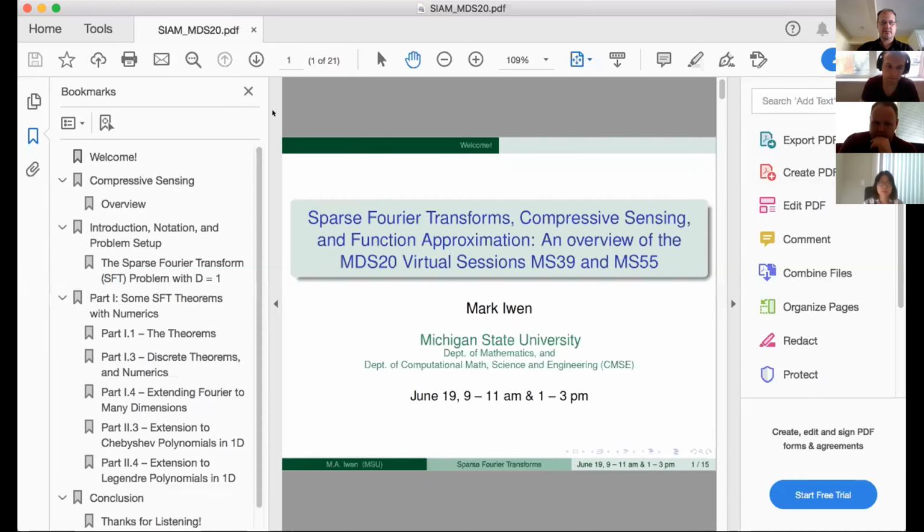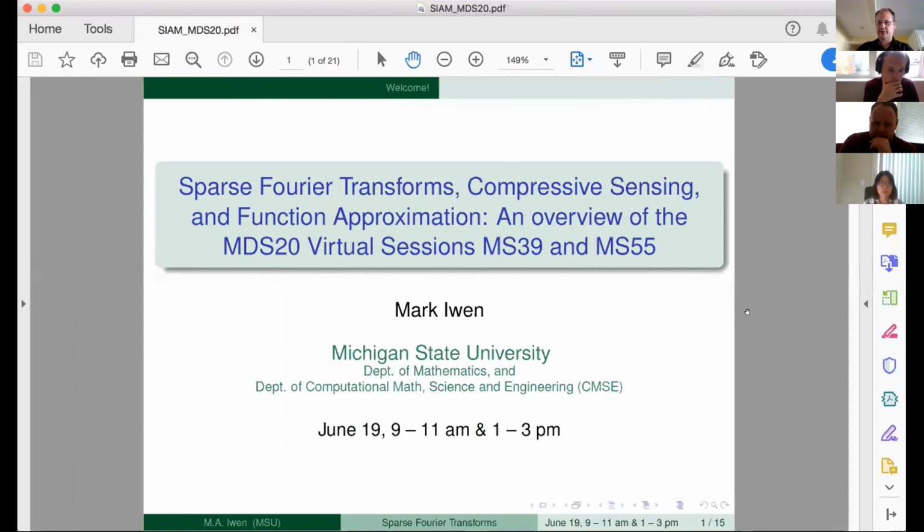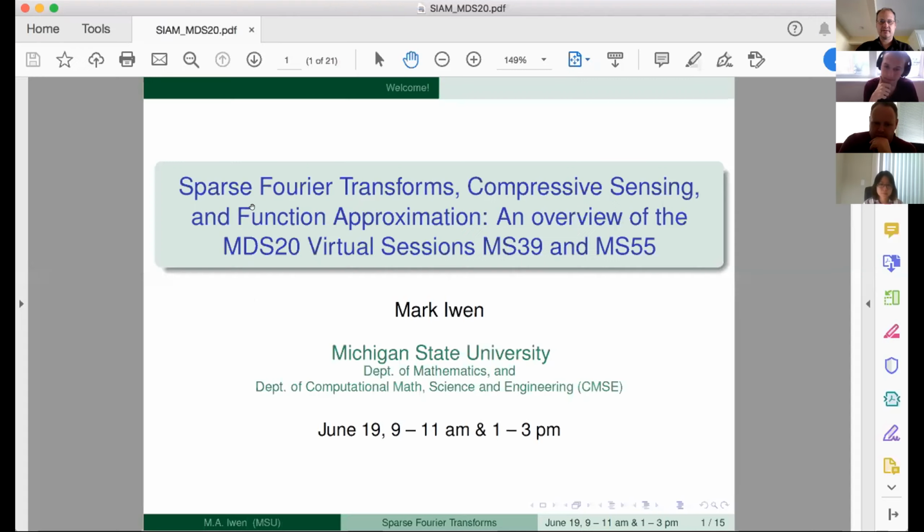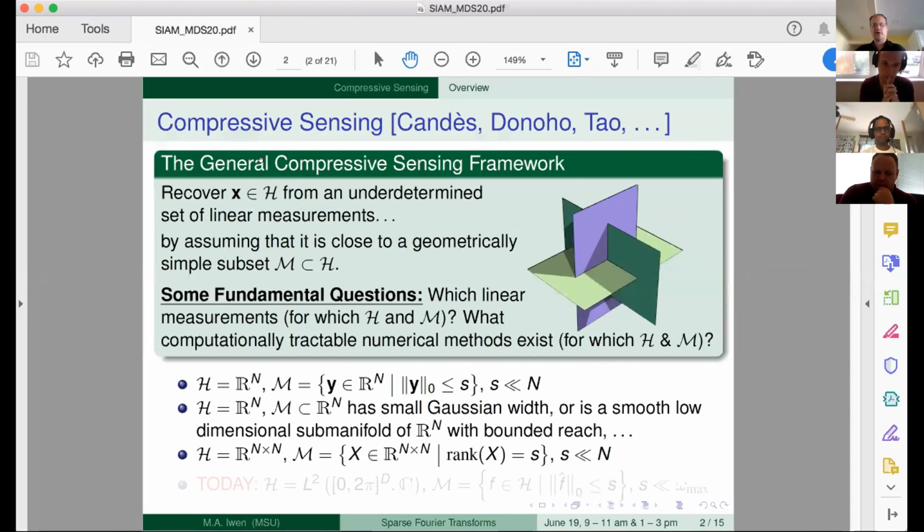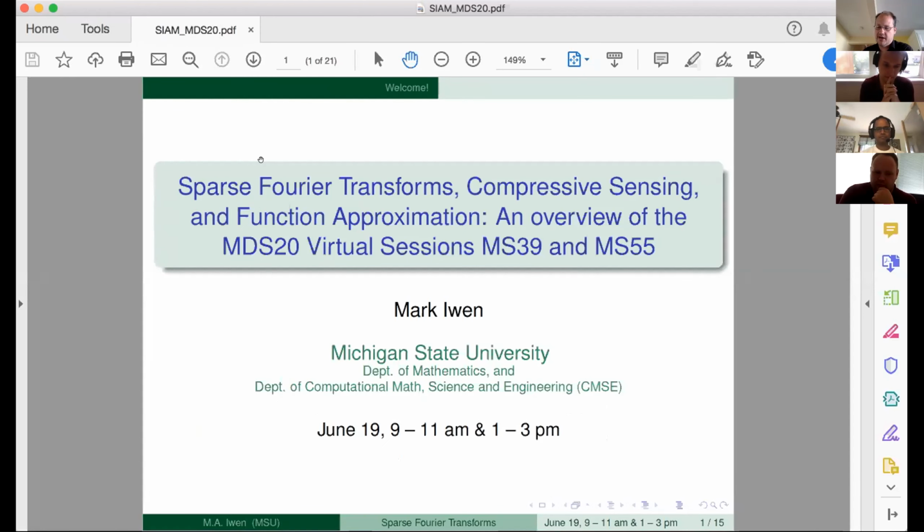Okay. It doesn't like it when I go to full screen mode, I guess. Well, let's see. How about if I do this? Is this okay? You can see the screen now? Yeah, okay. It's maybe not optimal, but instead of trying to debug for a long period of time in front of everyone here, I'll just go like this. Okay, good.